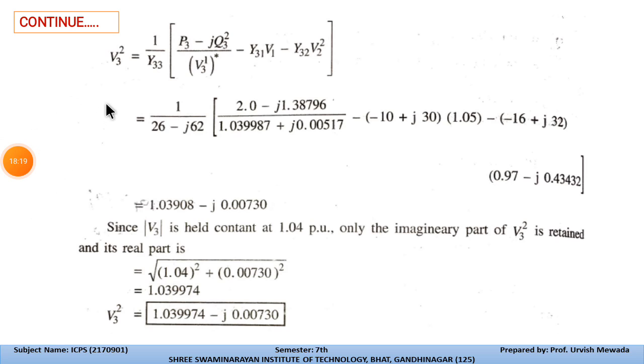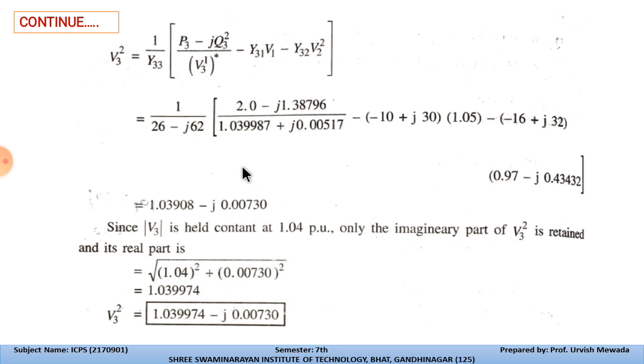Now let us compute the value of V3 2. For that we use the previous iteration value, that is V2 2. So we have all the values, put all the values, and we will have the value of V3 2, that is 1.03908 minus j 0.00730. Since V3 is held constant at 1.04 pu, only the imaginary part of V3 2 is retained, and its real part is the square root of 1.04 squared minus 0.00730 squared.